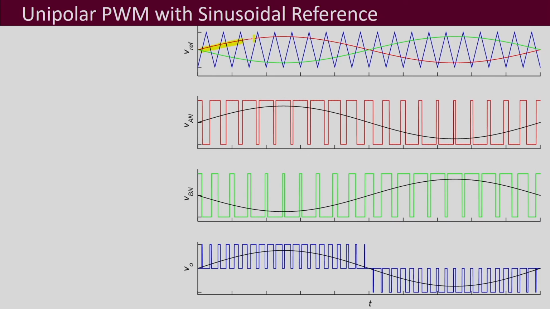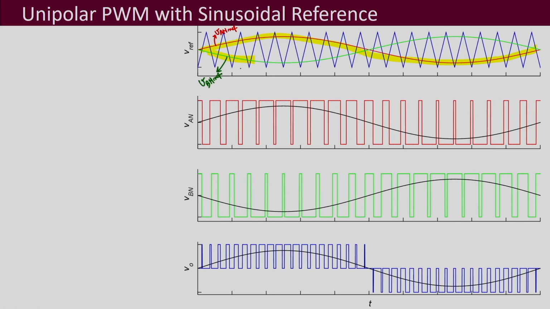This is one of the references, the reference for leg A, VAN ref, and then this one is the reference for leg B, VBN ref.